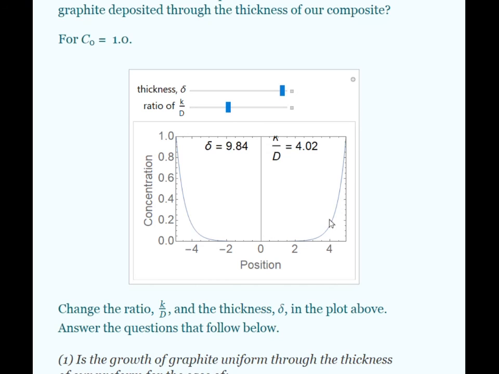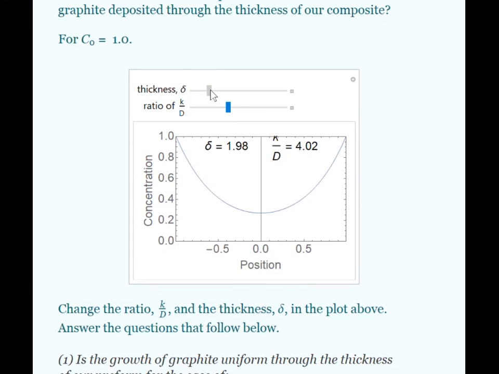You want a nice uniform density throughout this composite. So it could work well for very, very thin films, thin composites, but if we put in real numbers, we'll find this is really thin. It's really not practical to use diffusion in this way.